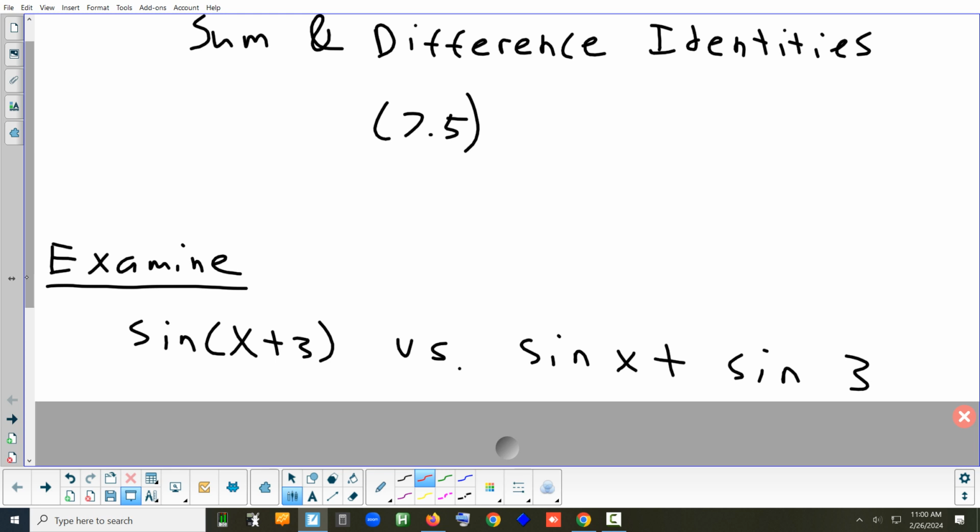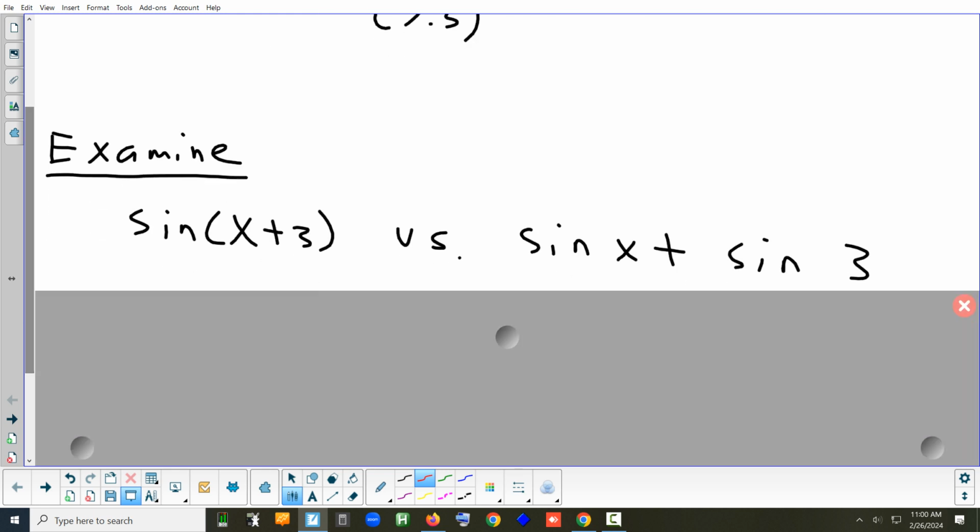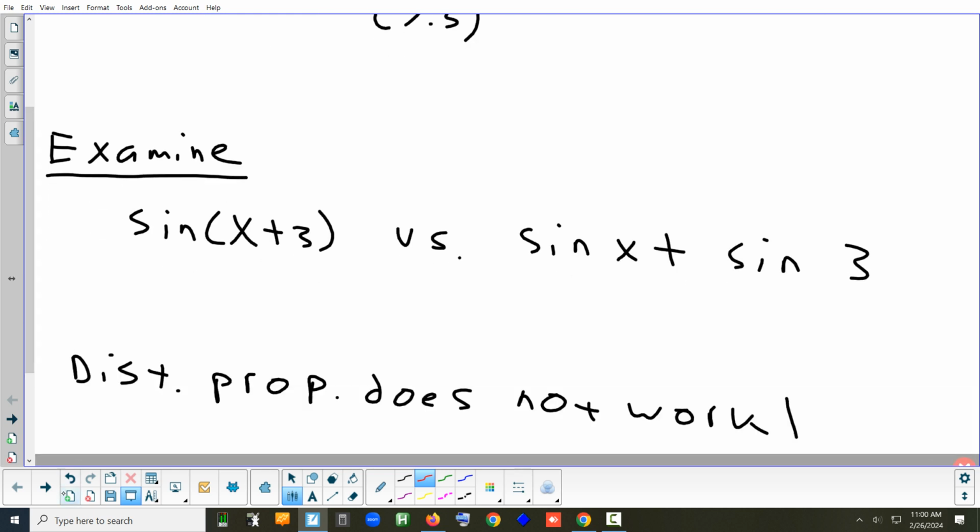In general, shifting something left and shifting something up will not give you the same result. There might be a special circumstance where that happens, but in general, you can't just take the distributive property with a function and apply it like that.